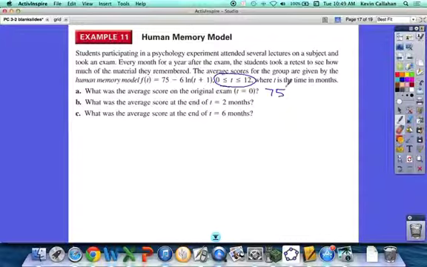What was the average score at the end of 2 months? How were you supposed to find that? You're going to plug in 2 here. So that one will look like this. F of 2 equals 75 minus 6 ln of 2 plus 1, which is 75 minus 6 ln of 3.